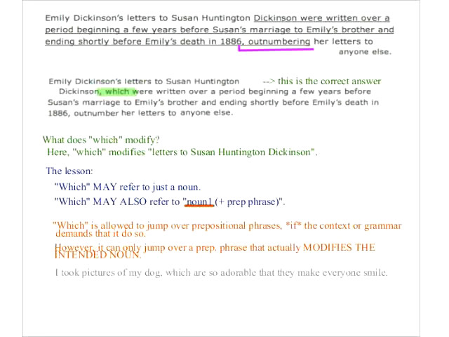So in this case, pictures of my dog is actually a unit. Of my dog actually is talking about pictures. So this is important because this is the kind of prepositional phrase that you can actually jump.